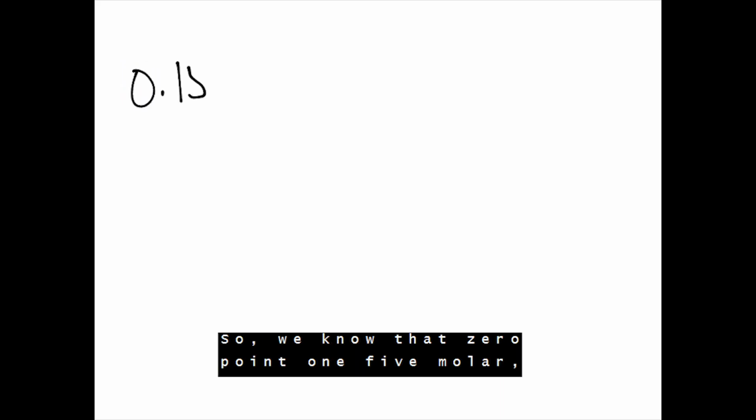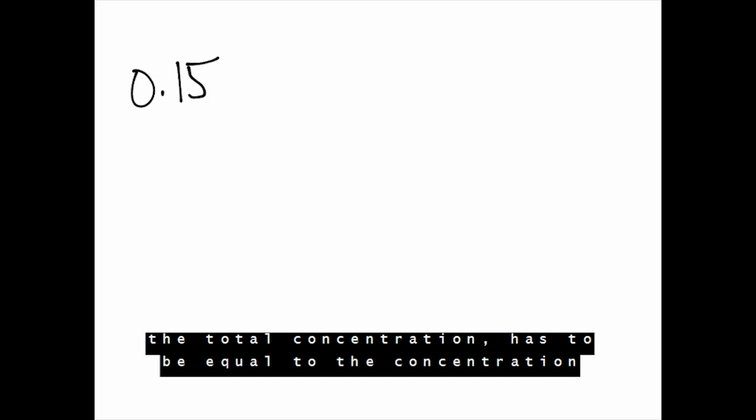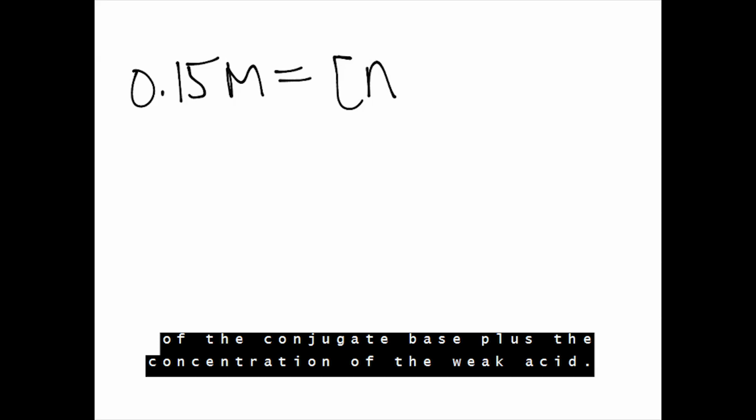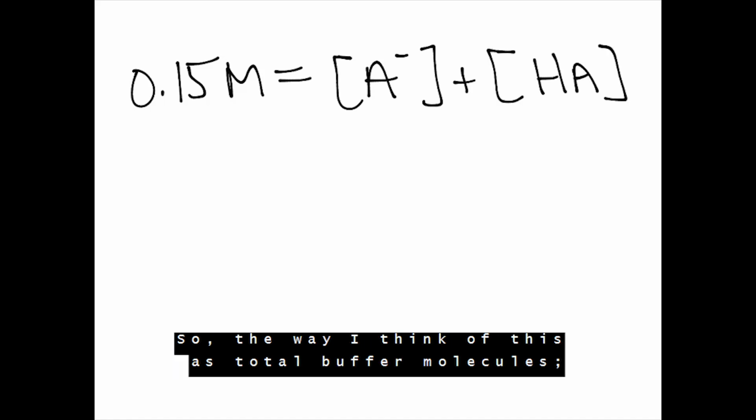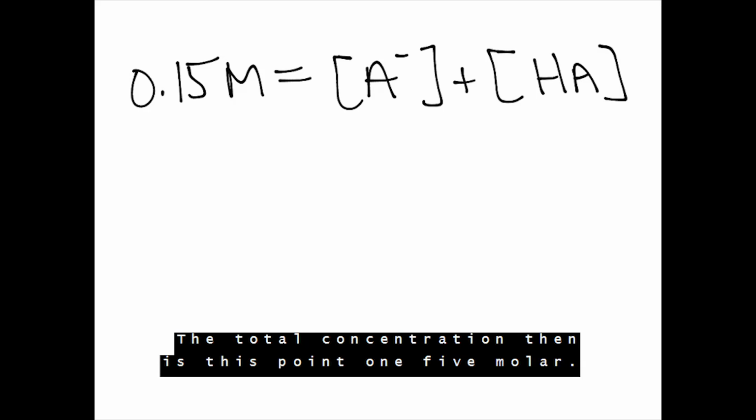So we know that the total concentration, 0.15 molar, has to be equal to the concentration of the conjugate base plus the concentration of the weak acid. So the way I think of this is total buffer molecules, the weak acid component and the conjugate base component. The total concentration then is this 0.15 molar.